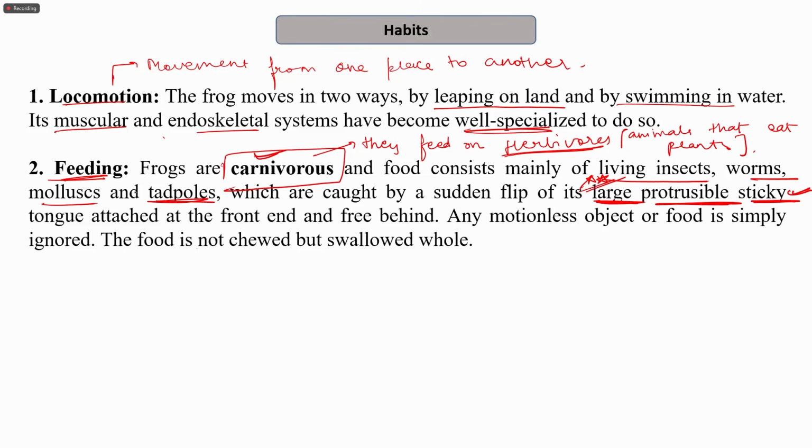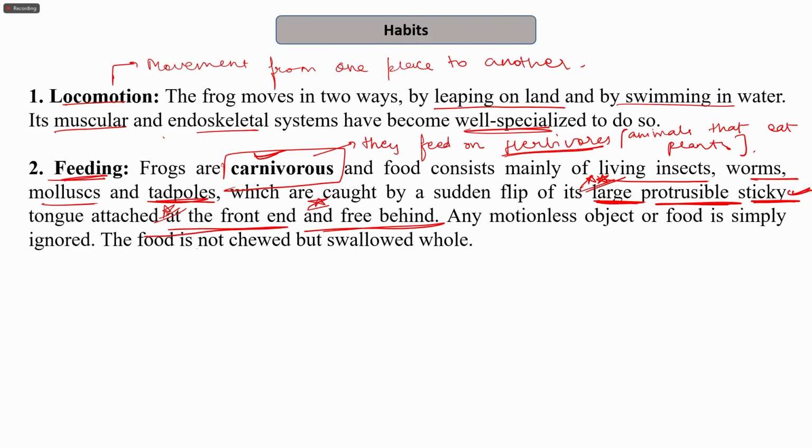One very important feature is that the tongue is attached at the front end and it is free behind, unlike the tongue we humans have, which is not attached at the front end but is attached at the back end.